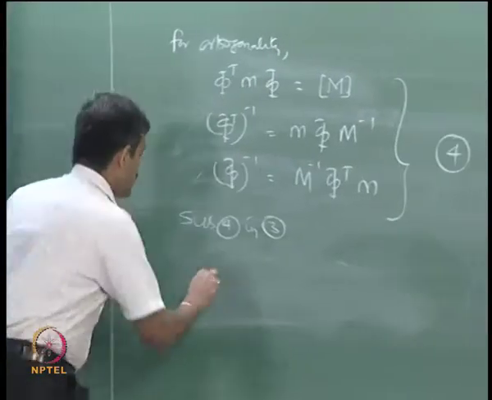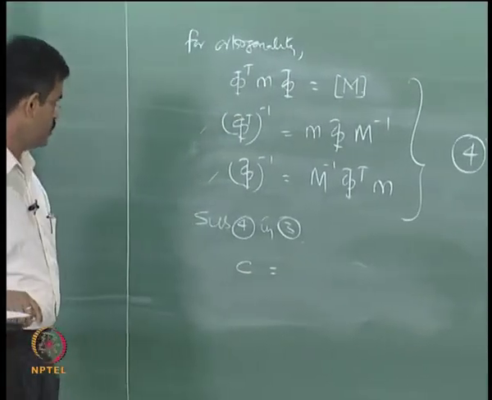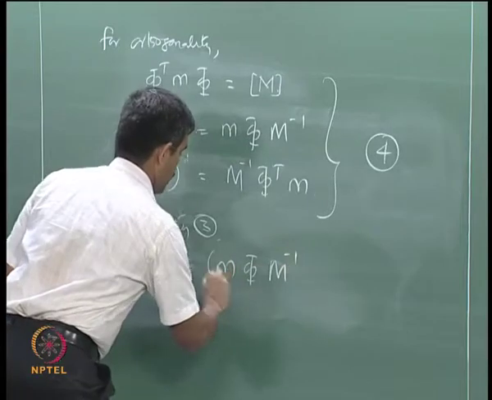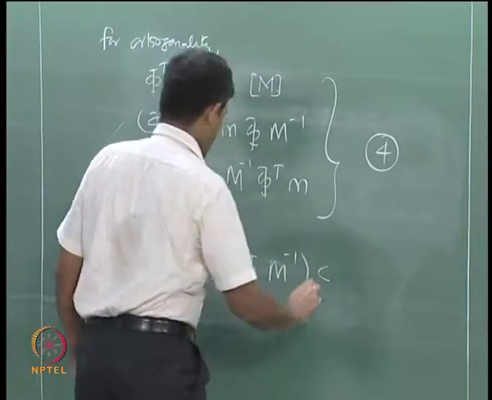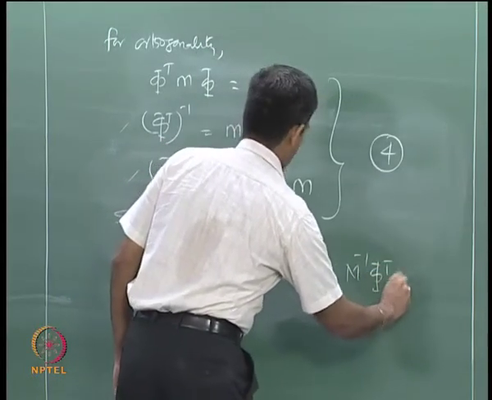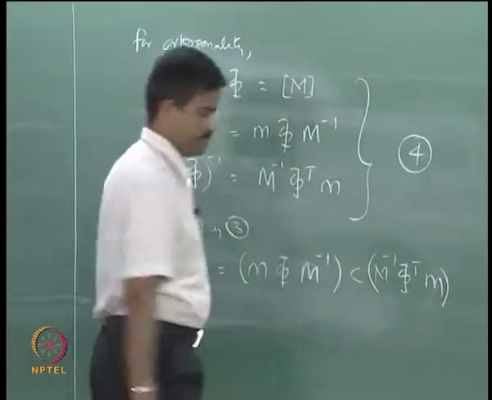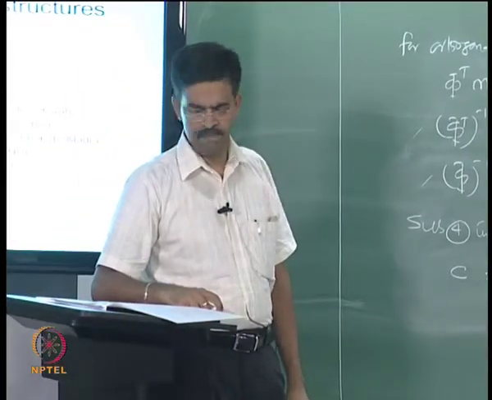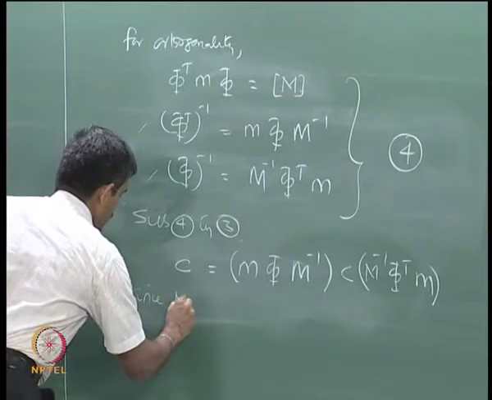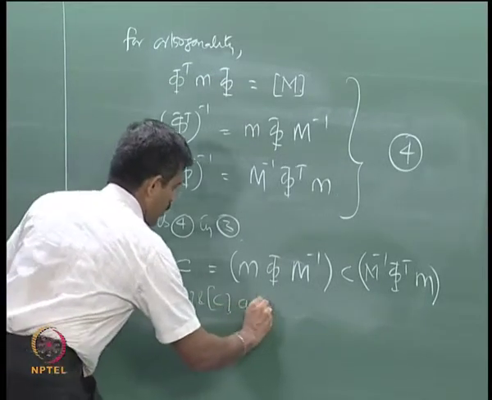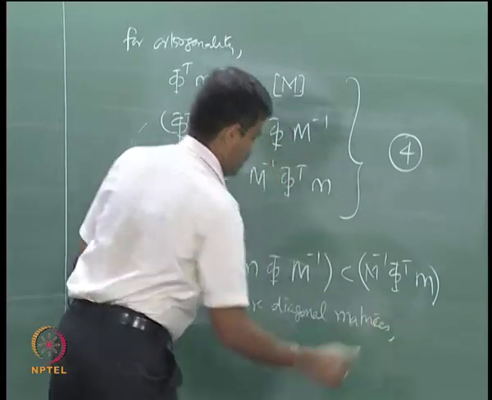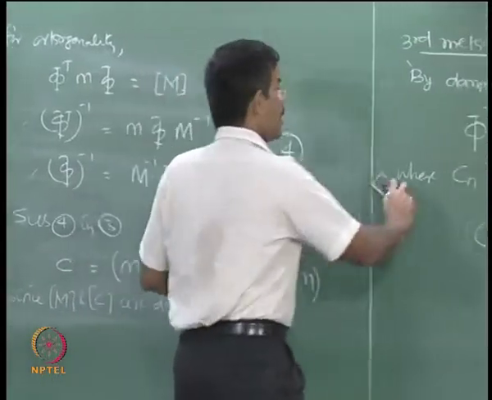So if I do that, my C matrix now will become M phi M inverse C M inverse phi transpose M. Now since M and C are diagonal matrices, I can write C like this.